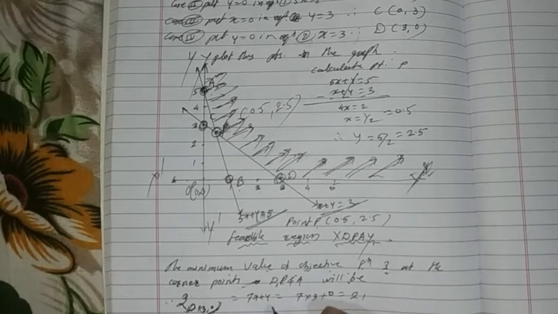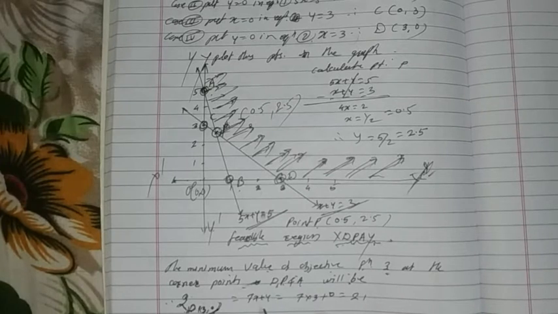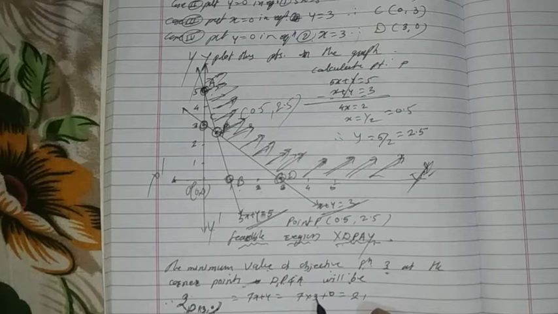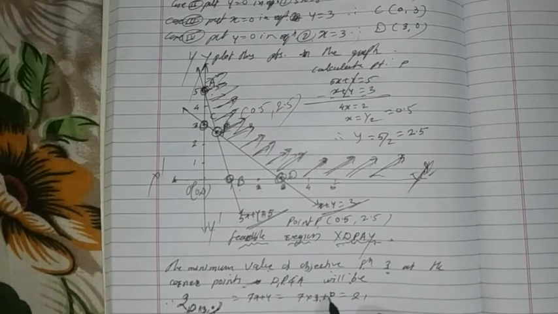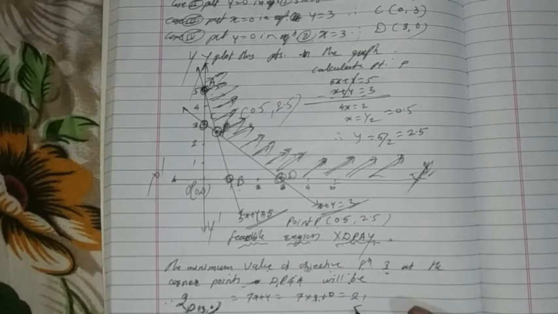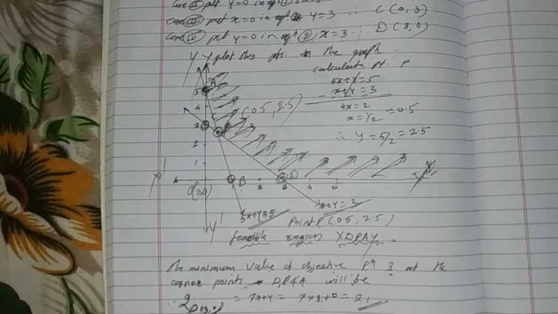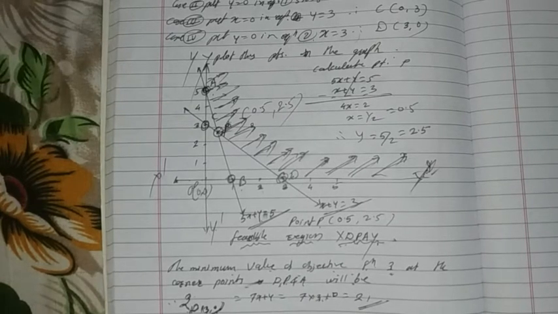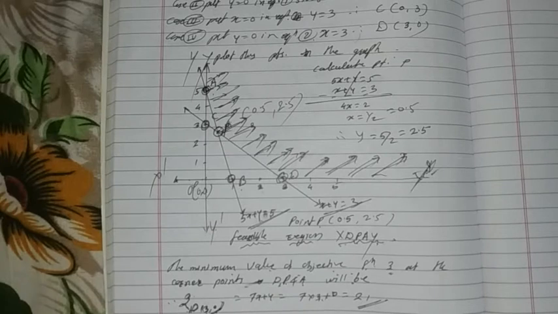Then we have to put these values in the objective function. 7x plus y is equal to 7 into 3 plus 0, y is 0. It is 21. Next at point P, the objective function z at point P, 0.5, 2.5: the value of x is 0.5 and the value of y is 2.5.